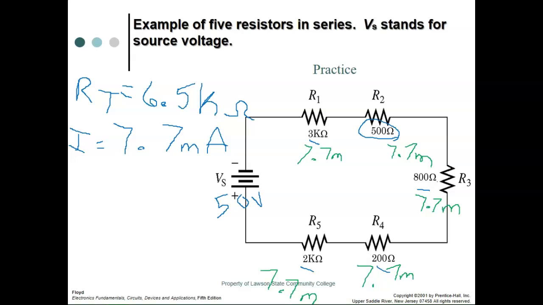Okay, so what is my voltage at R1? Sorry, what is my voltage at 3,000 ohms with 7.7 milliamps? 23.1.